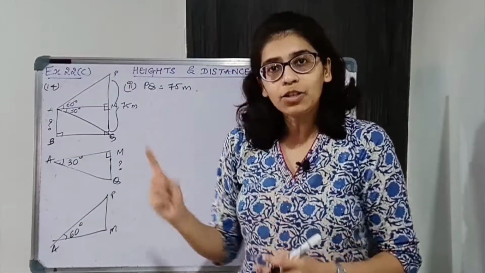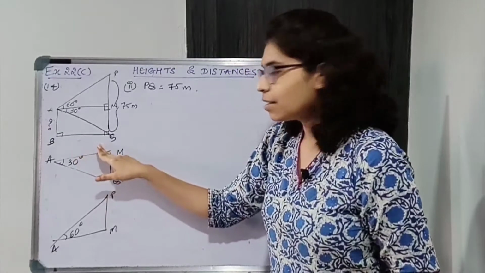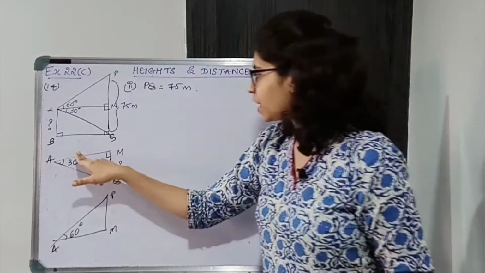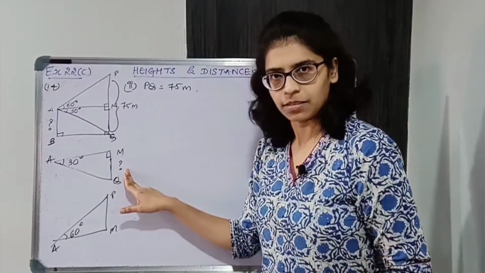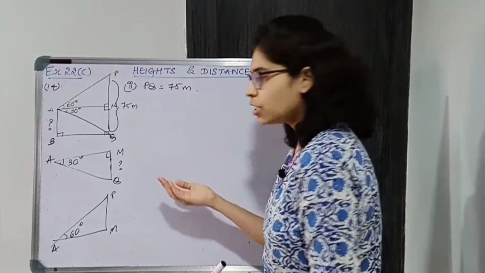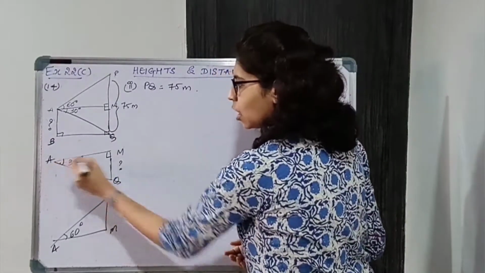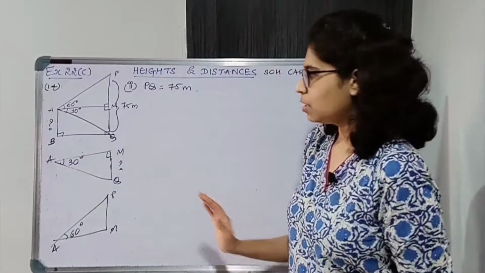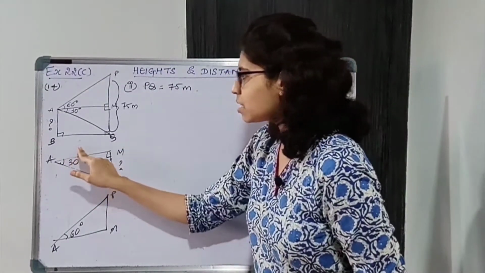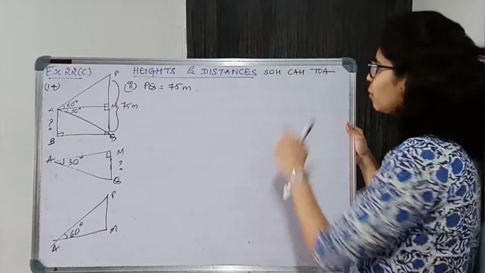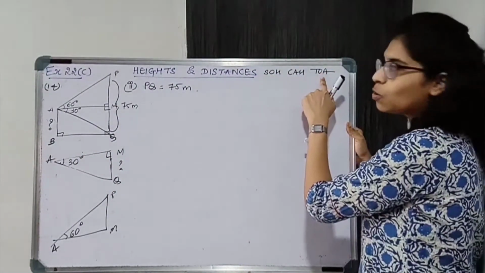So what I'll do is I'll relate AM with MQ. So taking a trigonometric ratio. Which trigonometric ratio? This is the angle's opposite and this is the angle's adjacent, correct? AM is the adjacent side. So opposite and adjacent relation you get from which trigonometric ratio? From tan.